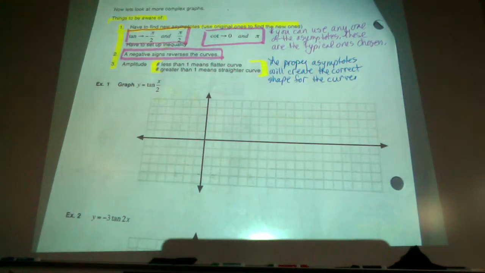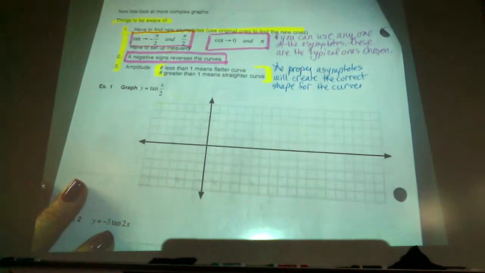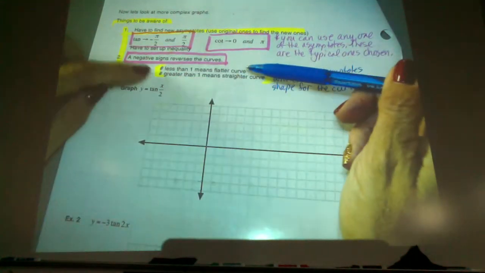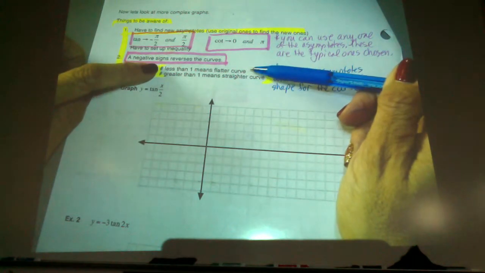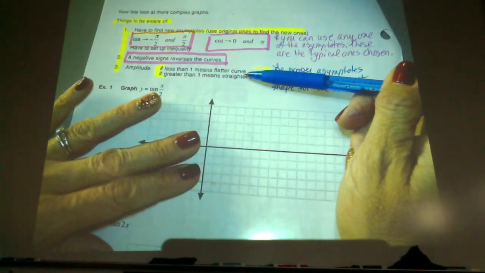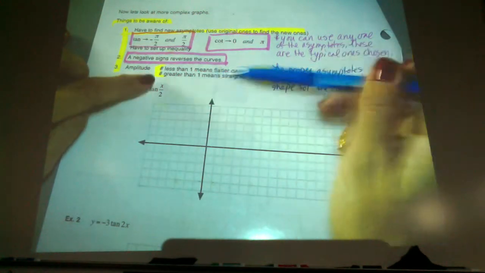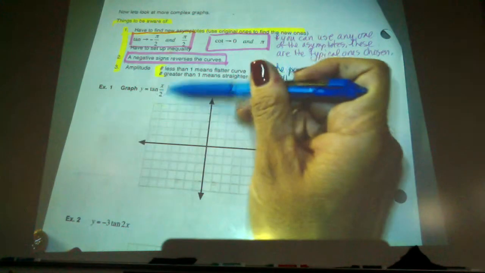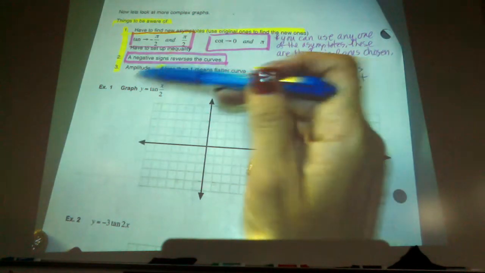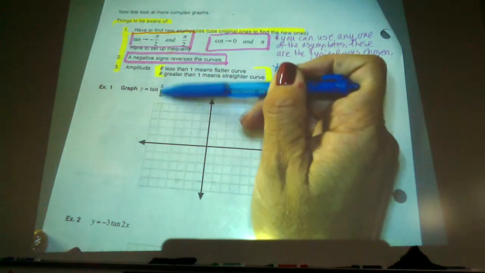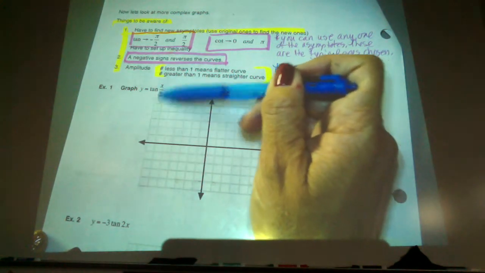So, here we go. Let's look at this one here. We have y equals a tangent of x divided by 2. This says that if the number is less than 1, it means the curve is flatter. That means in the middle of the curve. Versus if this number is greater than 1, it means a straighter curve. I know that they're saying amplitude, but this is what affects that flattening or the straightening of the curve right here.